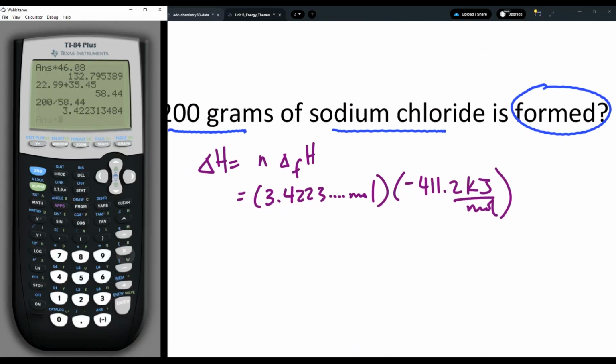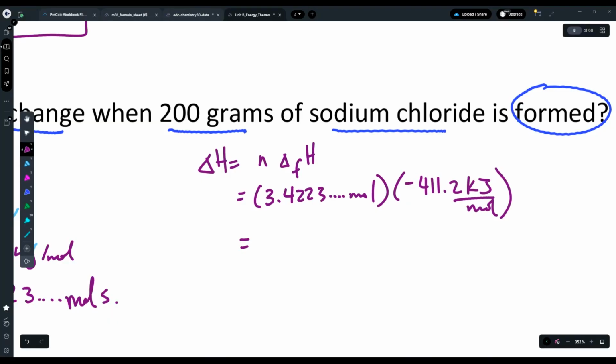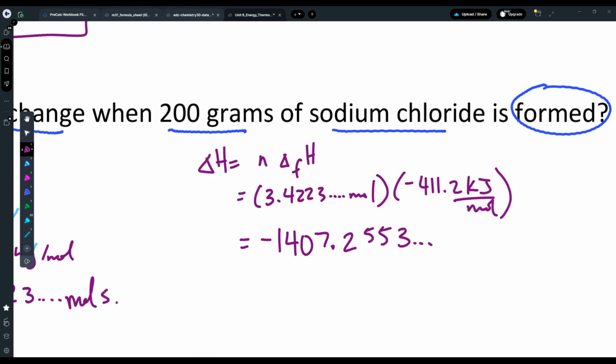Okay, so let's multiply this. That gives us -1407.2553, goes on forever. So notice how moles is in the top and the bottom, they cancel out. So our units are kilojoules.